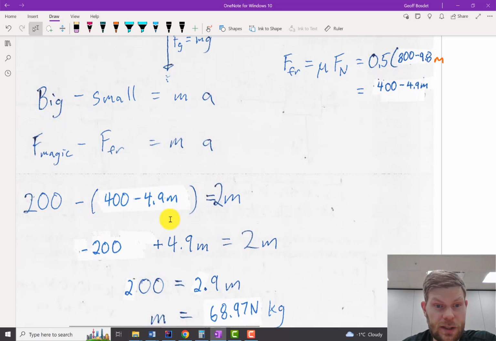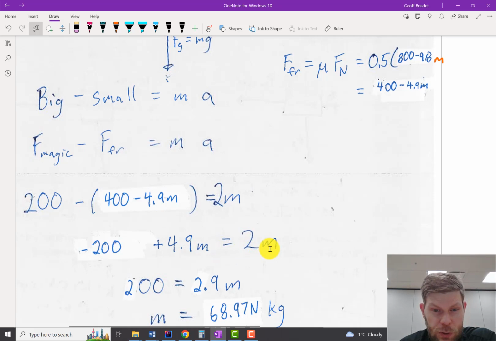So at this point, basically 200 minus 400 is negative 200. And minus 4.9 is plus 4.9. So we've got negative 200 plus 4.9 m, after minusing a minus, equals 2m.